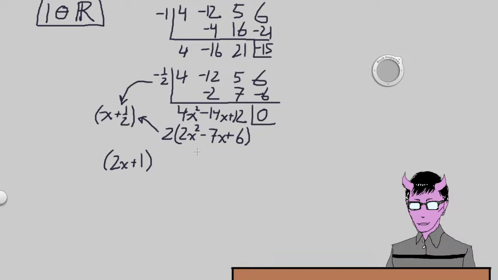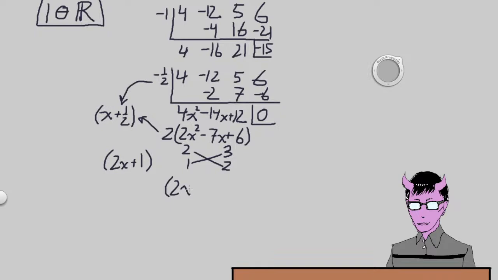So this one itself is a quadratic, of course. We have factors of 2, 1, and then we have factors of 6, 1, probably 2, 3. Yeah, 2, 3. 2 times 3 gives us 6, 2 times 1 gives us 2, which combination can potentially produce a negative 7x in the middle. That's going to be 2x times 2 and 1x times 3.